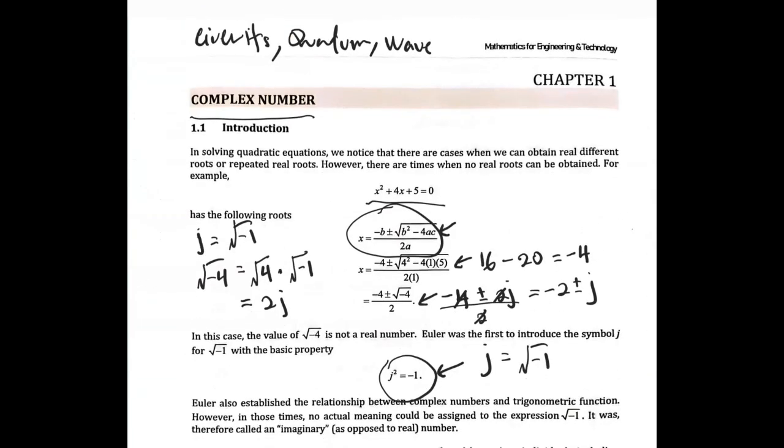So let's recap. We learned that complex numbers appear when we take the square root of negative 1. We use j to represent the square root of negative 1, and from this we also get j squared equals negative 1.